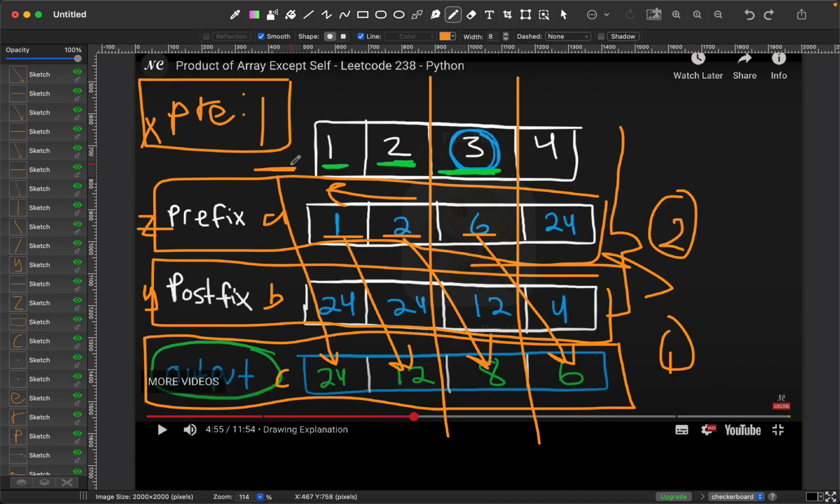We're actually using a similar method. So what we have here is 1 multiplied by this 1, we get a 1.